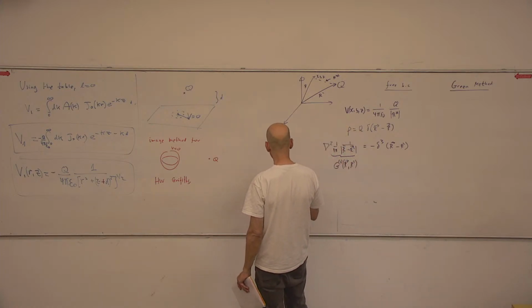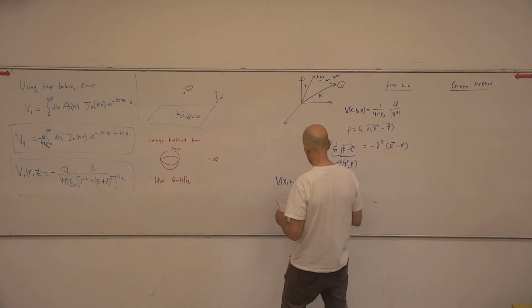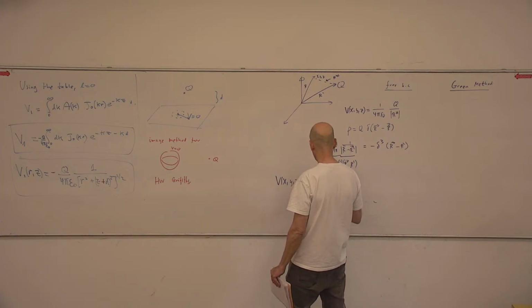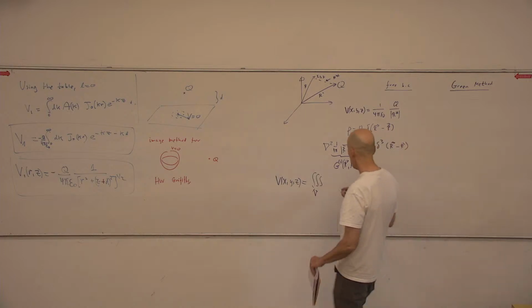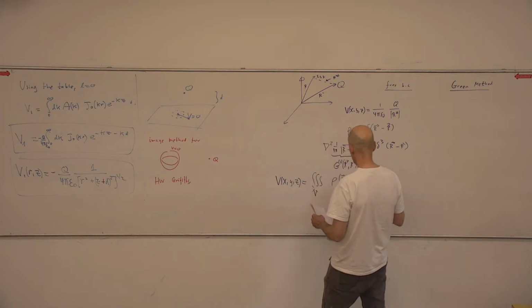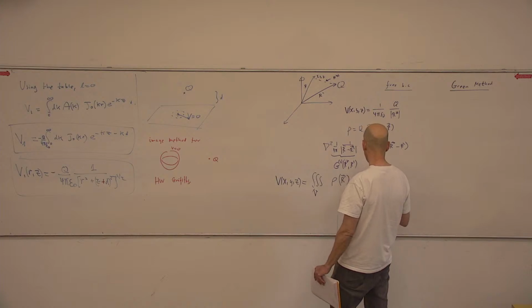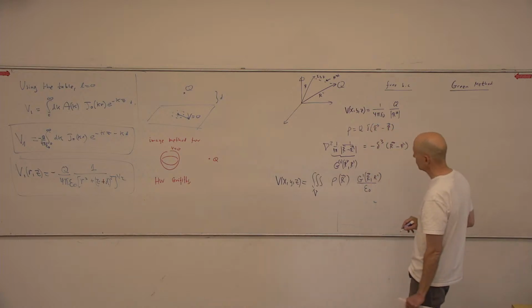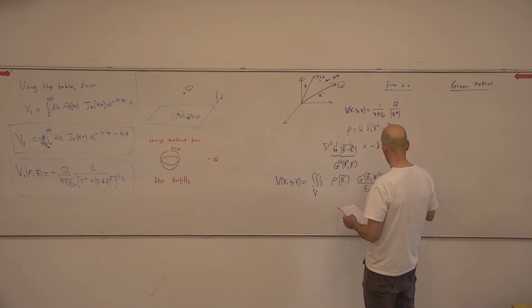So the general idea, which we kind of know, is that the general solution we can write as an integral over the whole volume, the whole space, of rho of R prime, G of R minus R prime, with an epsilon 0 here, dV.